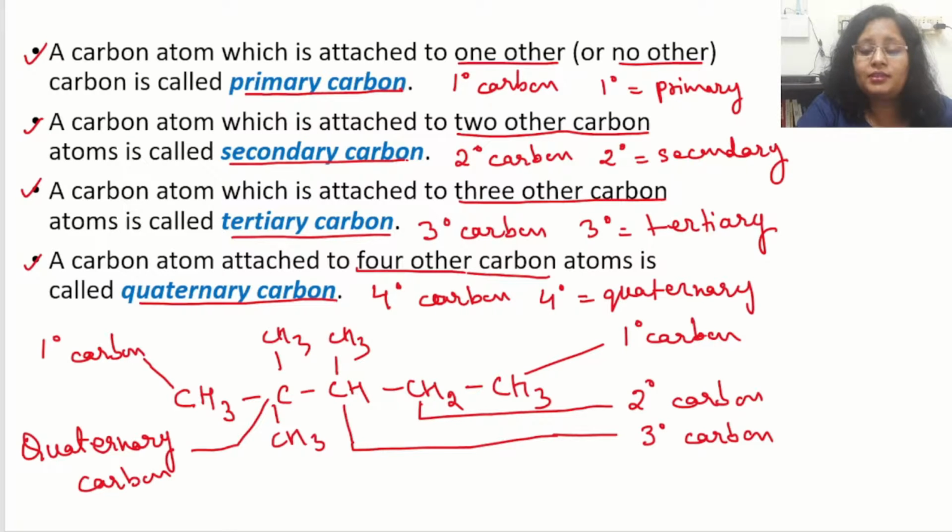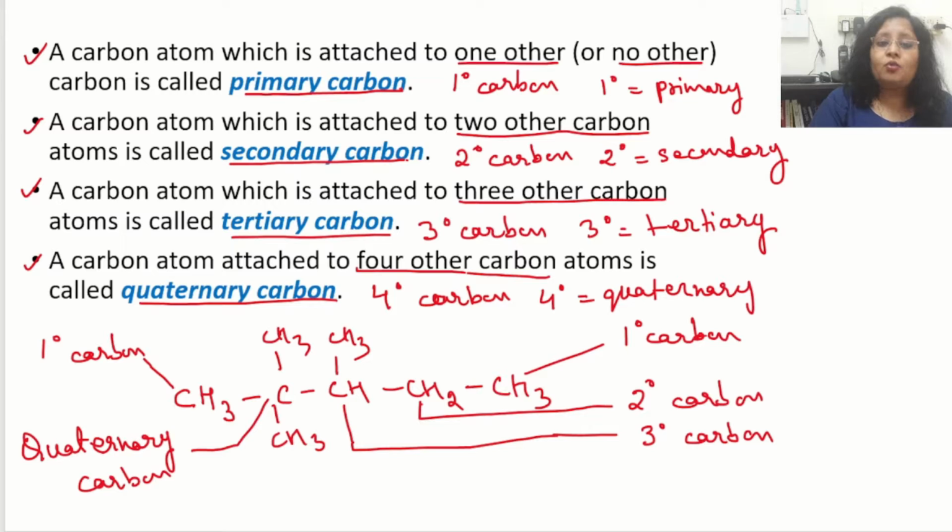The next thing which comes together with primary, secondary and tertiary carbon is the hydrogen. The hydrogen attached to a primary carbon is called primary hydrogen. The hydrogens attached to a secondary carbon are called secondary hydrogens. The hydrogens attached to a tertiary carbon are called tertiary hydrogens.